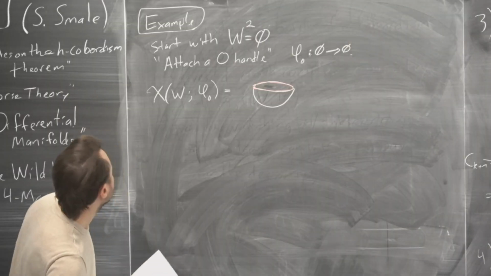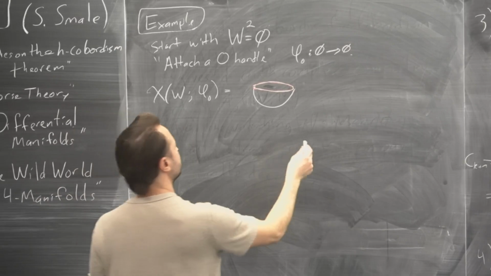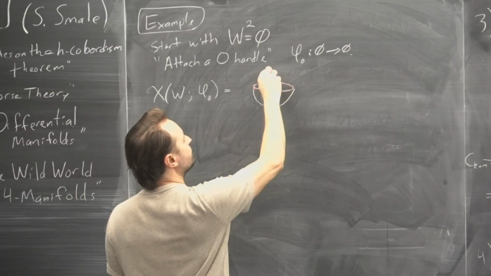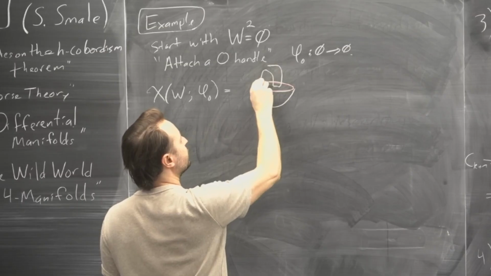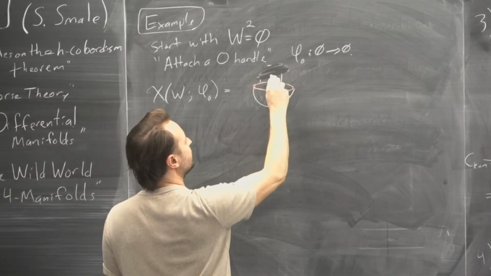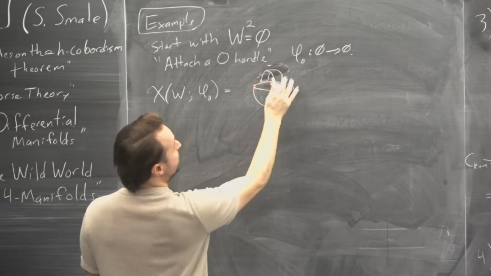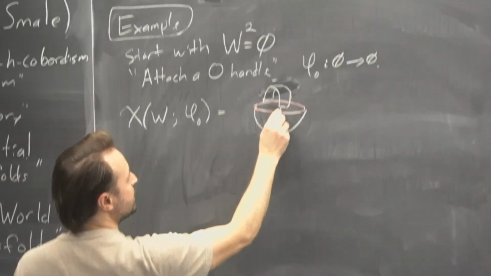Okay. So then we're going to come along and take a one-handle, and draw it like this. I suddenly forgot how to draw it. So we come along with the one-handle now, and we can choose our attaching map like this.